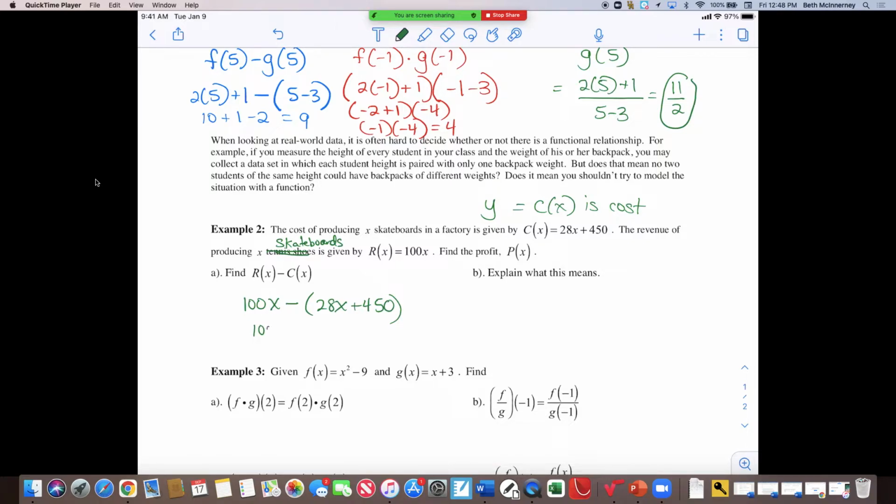So this is 100x minus 28x minus 450. Combining like terms, that's 72x minus 450. What does this mean? This is the profit of producing X skateboards.